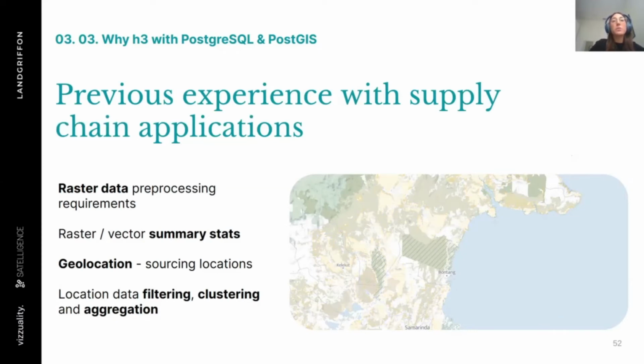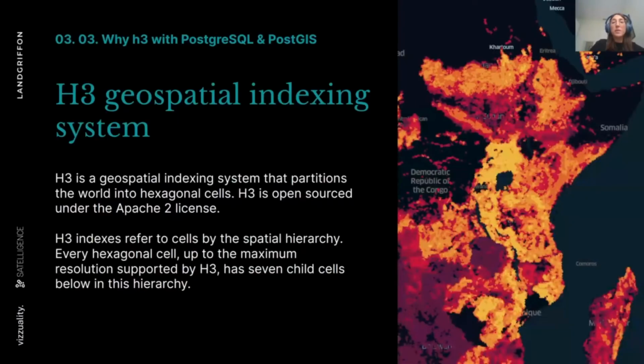However, we found some difficulties using this approach, mainly due to raster preprocessing requirements, as there can be issues with resolution and precision, and spatial transformation to match projections, which reduced performance in calculations, especially in the creation of new scenarios. For this particular project, we decided to change this approach and try H3 with PostgreSQL and PostGIS.